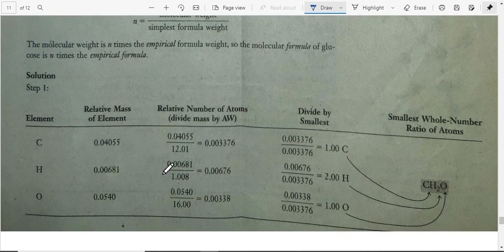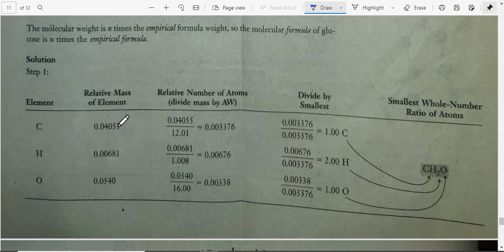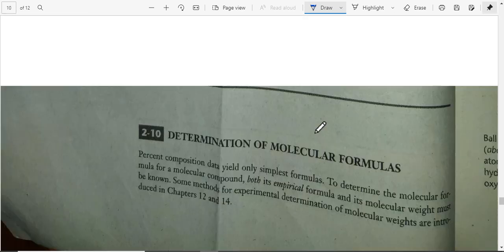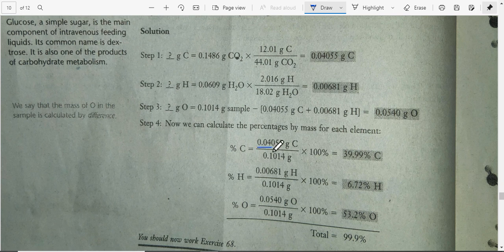Here, as the result, you have the relative mass of each. So you have for carbon 0.04015, about 0.015. You have here carbon, oxygen, and hydrogen.